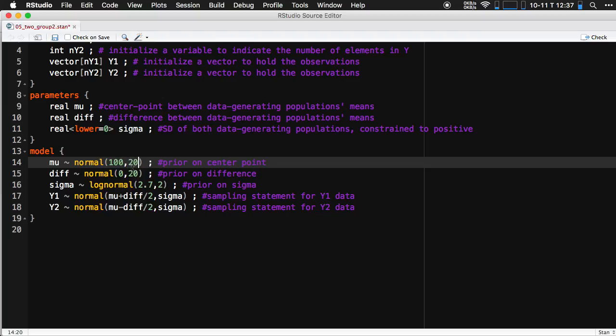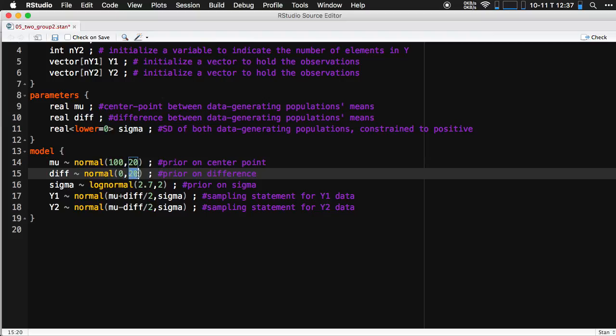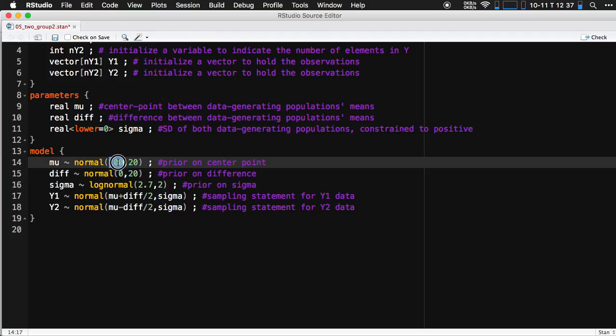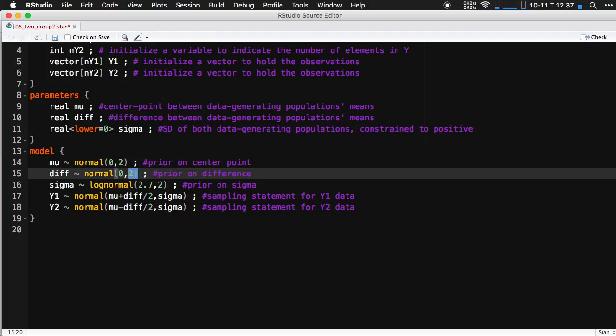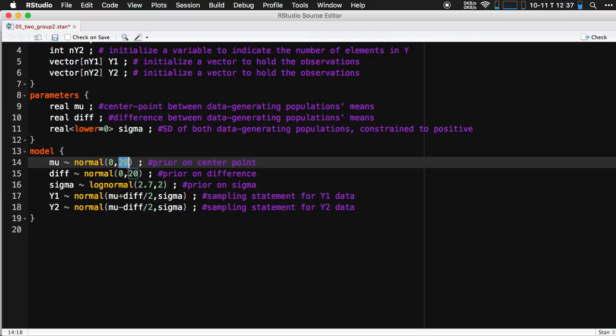We're going to put them both at about the same degree of certainty, about 20 on the IQ scale. Again, we could have standardized the scores, and then that would have been 0, and that maybe 2, and that maybe 2, etc. I'll leave it on the IQ scale.